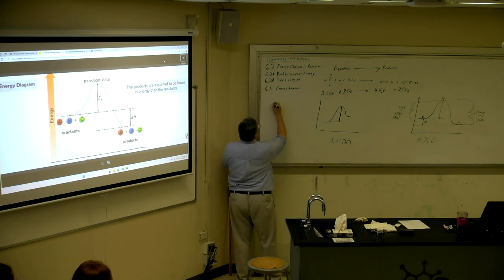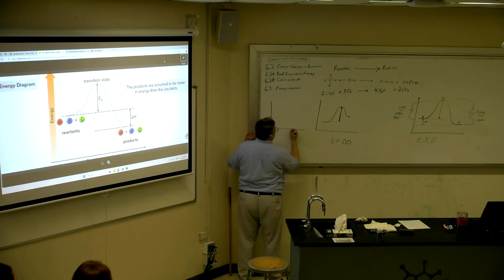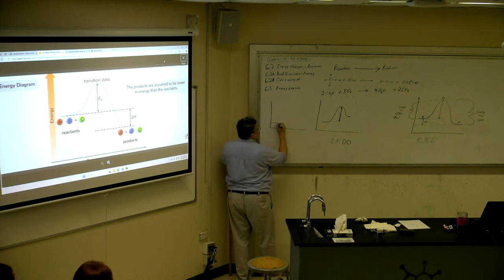Compare that with, I'll draw another endothermic reaction. I'll start here. Now, here's my energy of activation. Here's my endpoint.